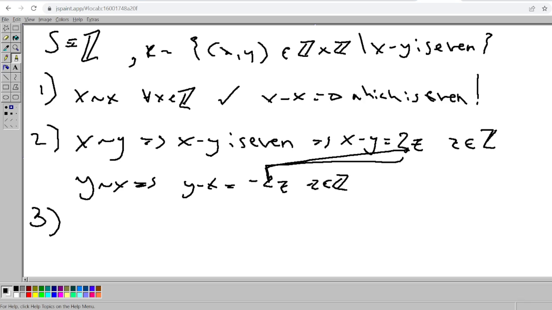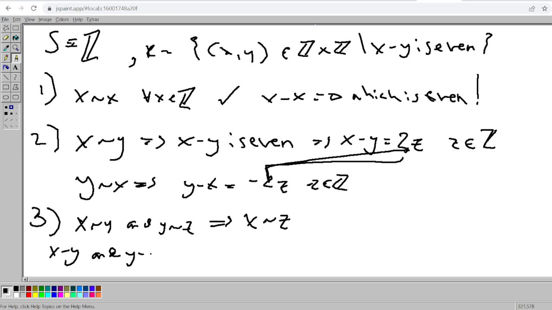And then for transitivity, we have to show that x related to y and y related to z implies that x is related to z. So we know that x minus y and y minus z are even.